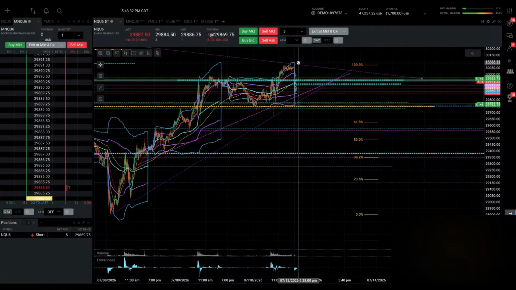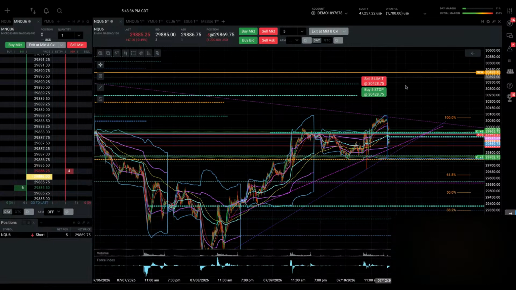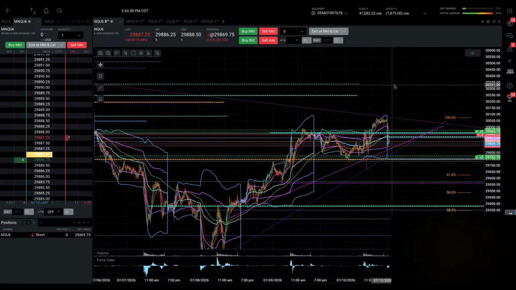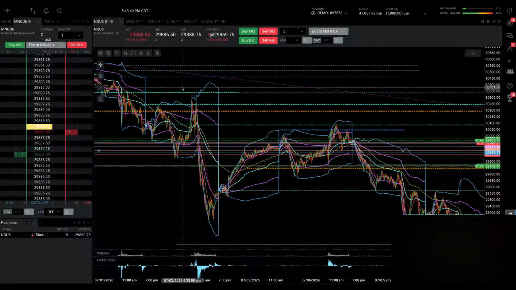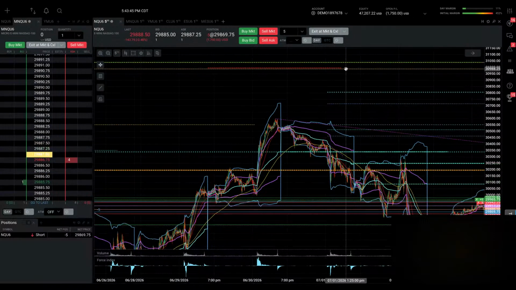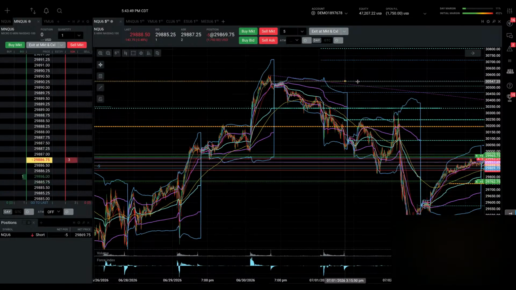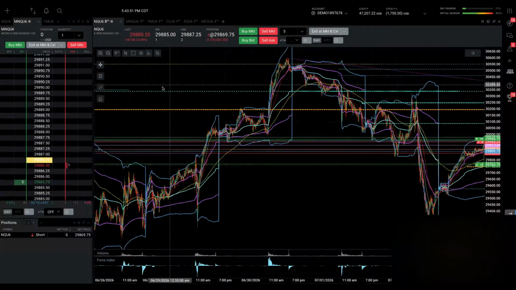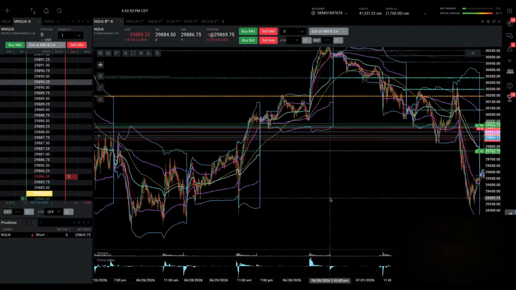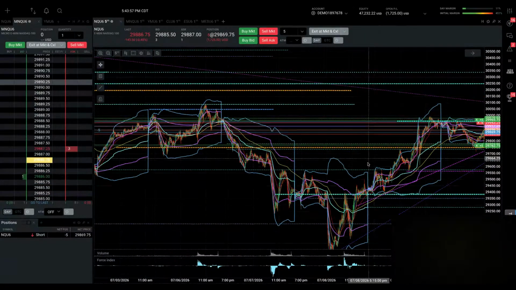And now we're in this little area here. Okay, so this is all-time high. And these are some more recent zones as well.